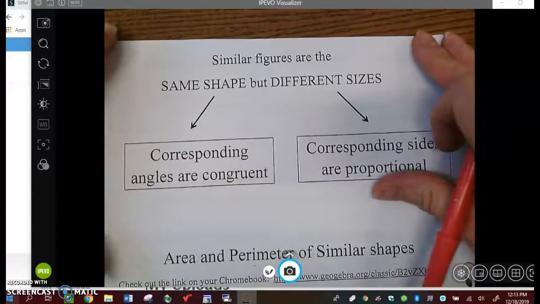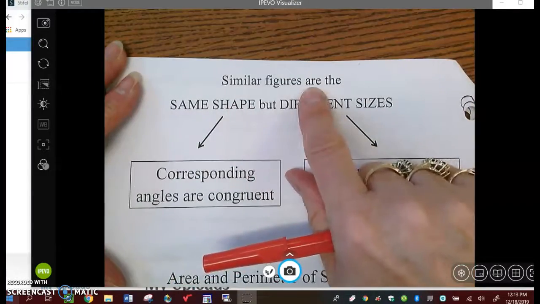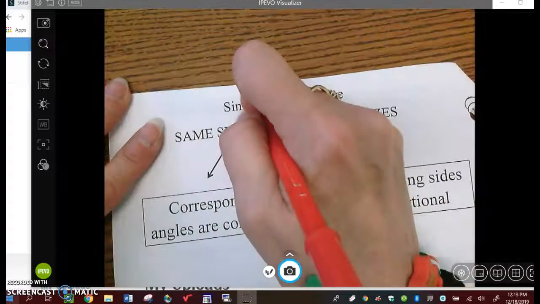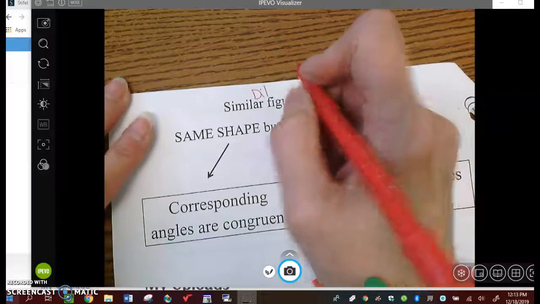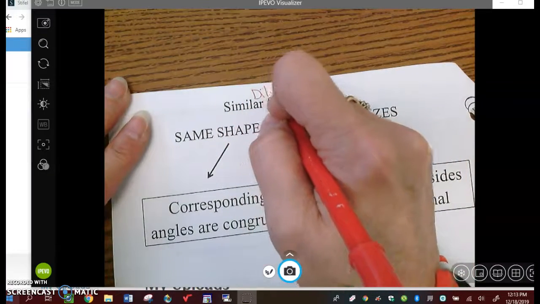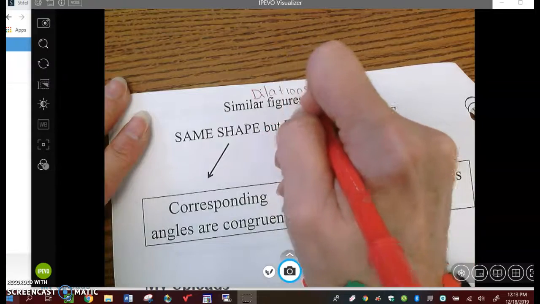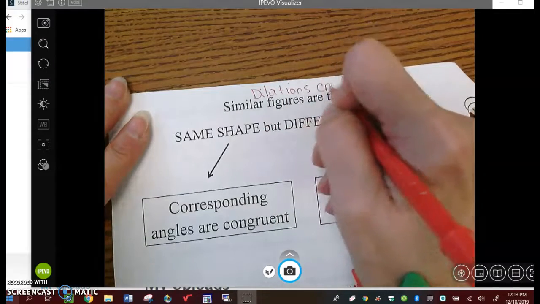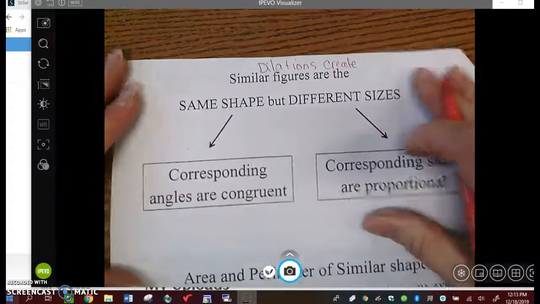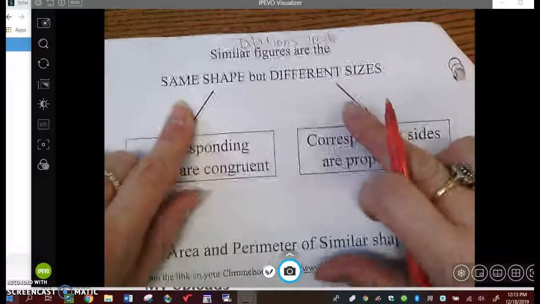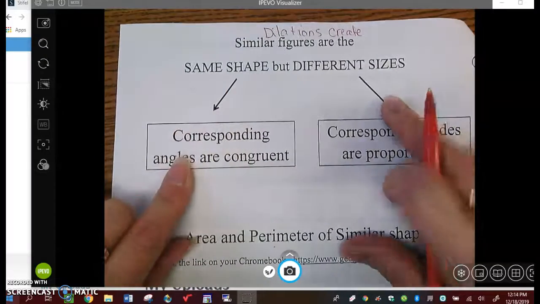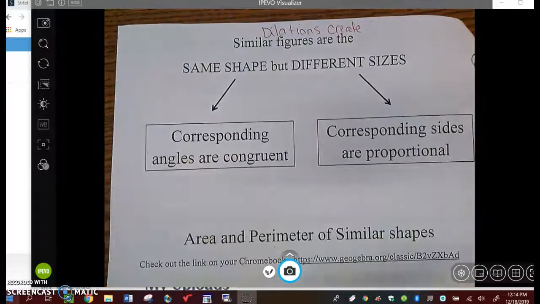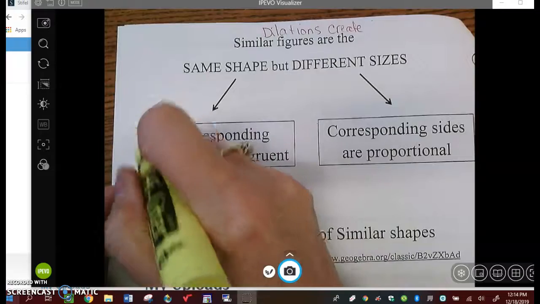Dilations create similar figures, and they are the same shape, different size, and here are the two facts. Corresponding angles are congruent.